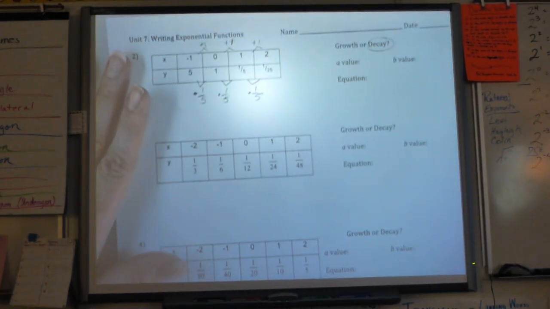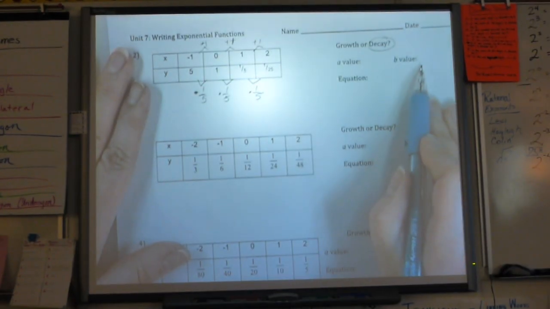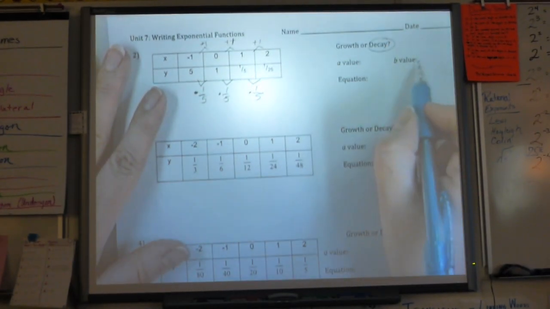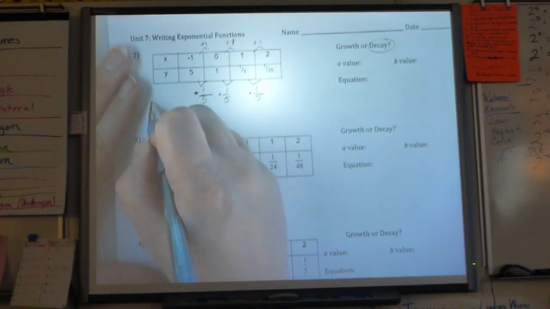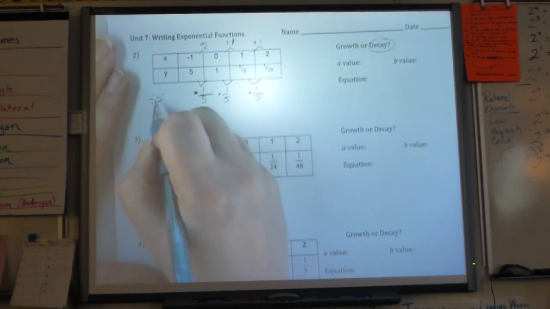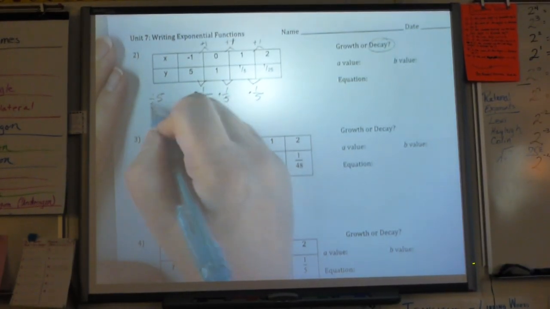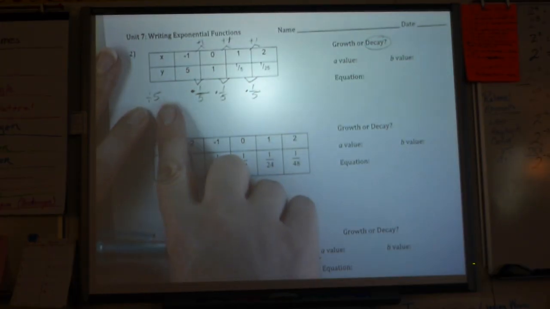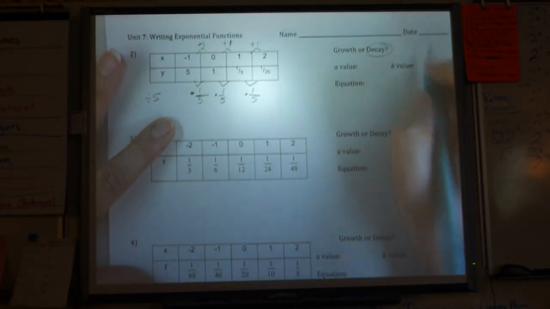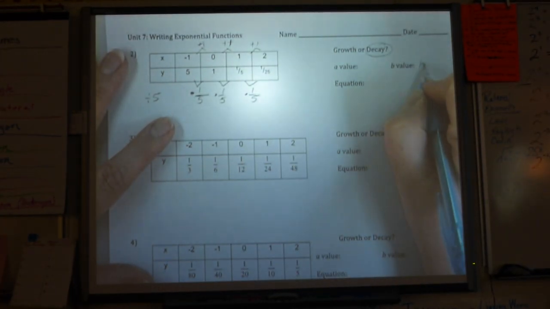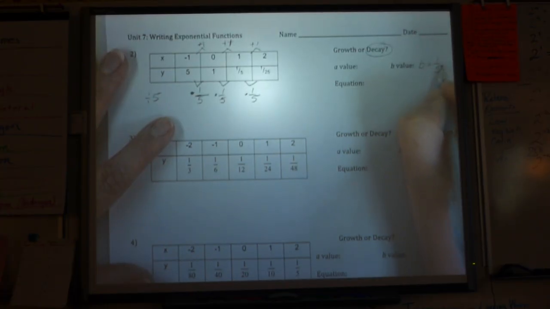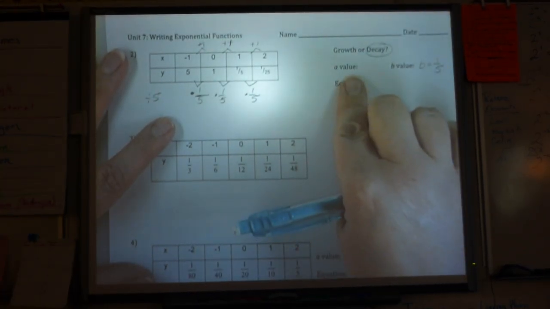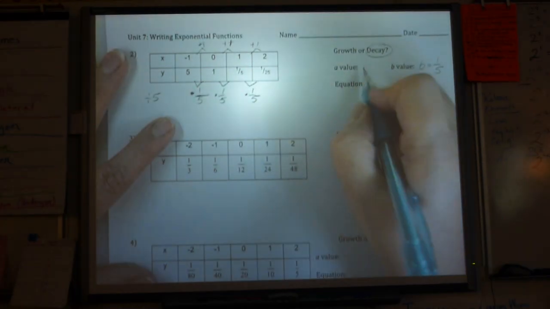So what's our base value? These are always factors, so if it's divided by 5, instead of dividing by 5, we multiply by the reciprocal, times 1/5. Dividing by 5 is the same thing as multiplying by 1/5. So what is our b value? 1/5. And what's our a value? Our starting amount is 1.